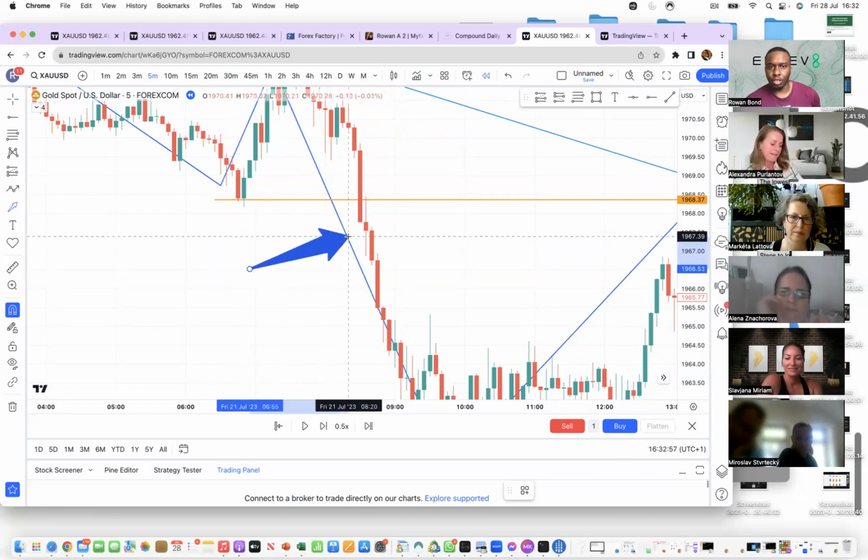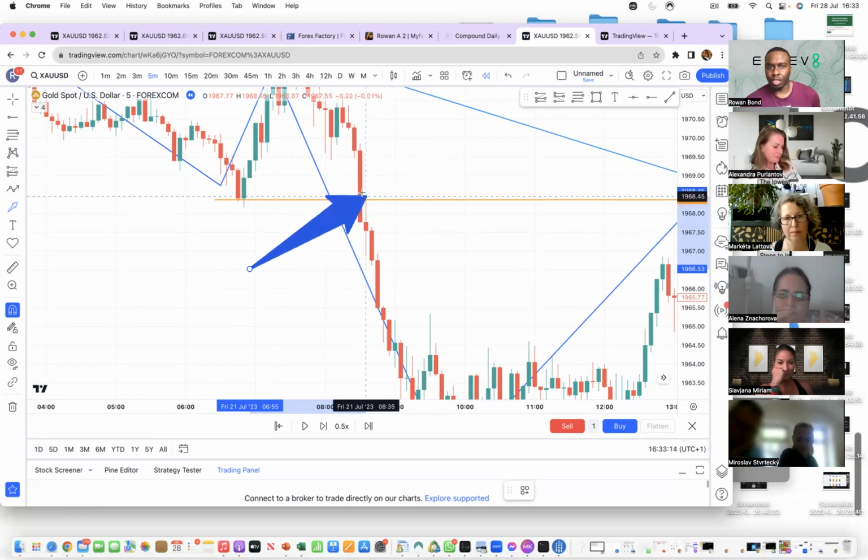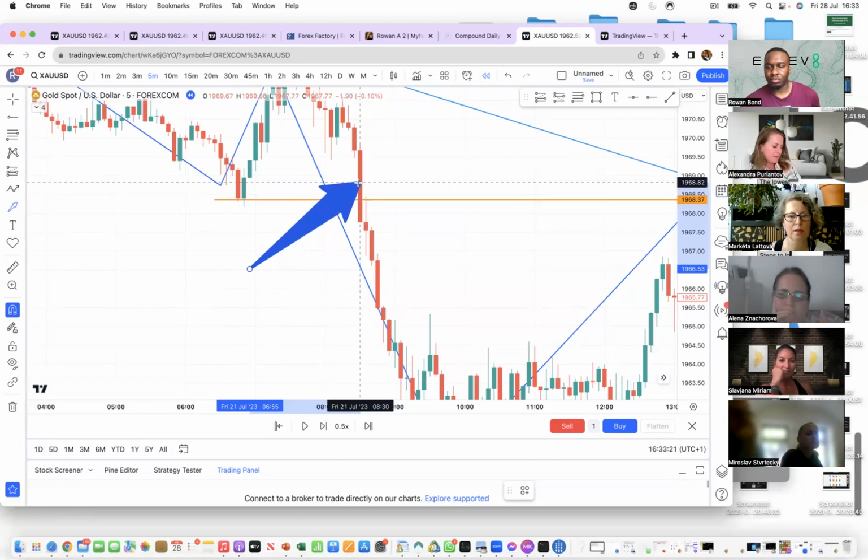Okay, the most important thing is, did this candlestick close above the line or below the line? If you see it going up and it doesn't reject and it starts to close above the line here, then it's not going to continue going down.